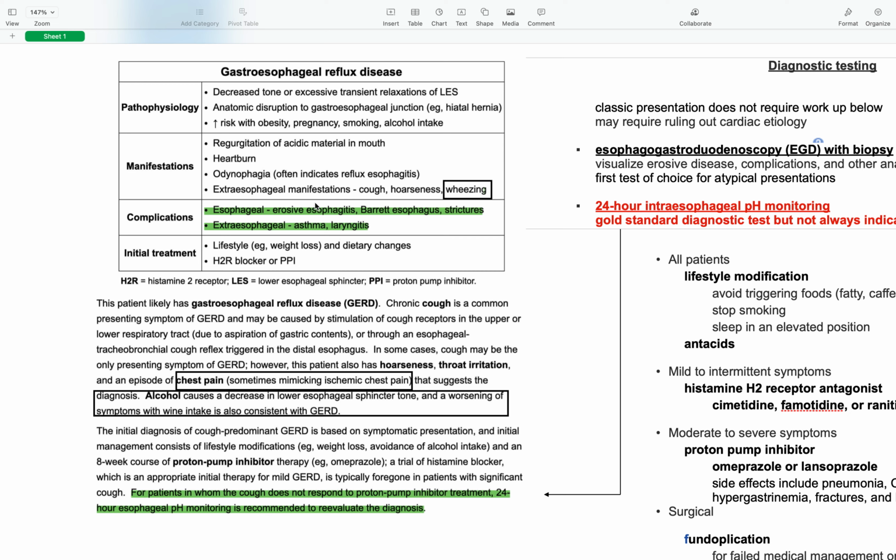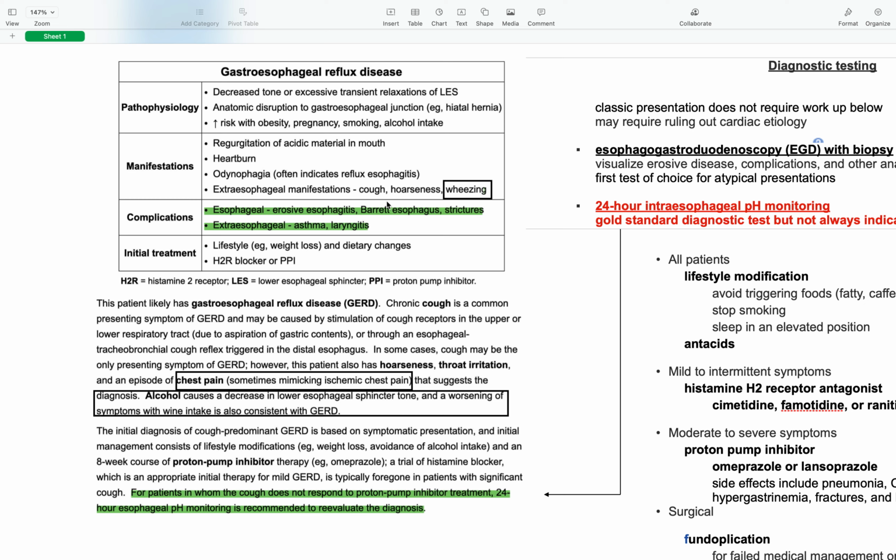These manifestations are quite important because they may indicate some complications such as asthma, okay? And also because of the acid reflux in the mouth, it can result in laryngitis and erosive esophagitis, Barrett's esophagus, strictures, and these are the complications of GERD.